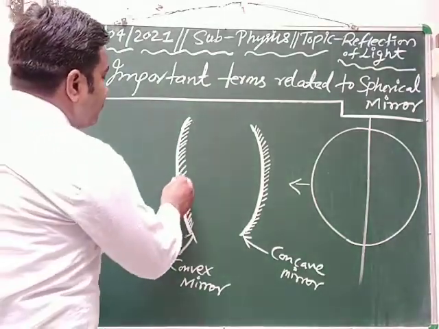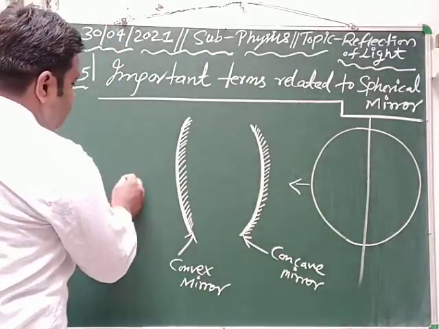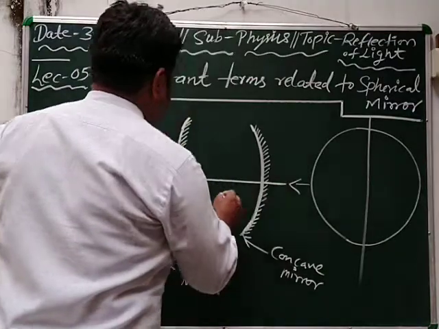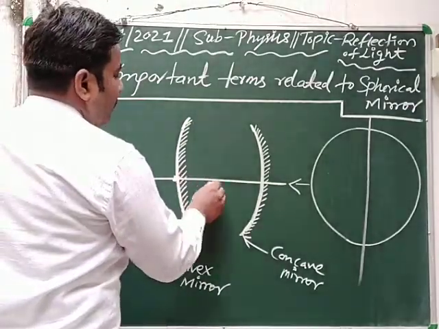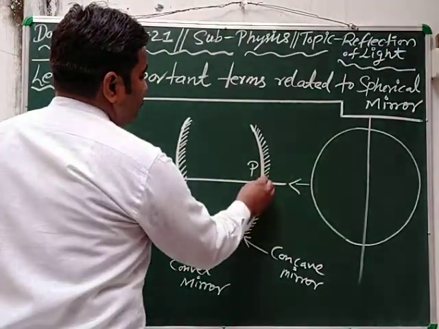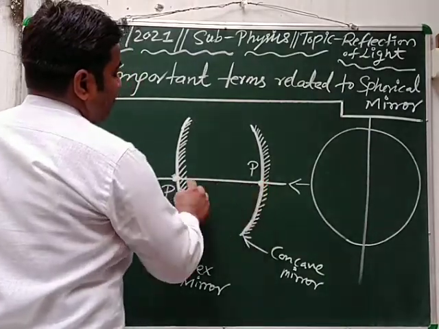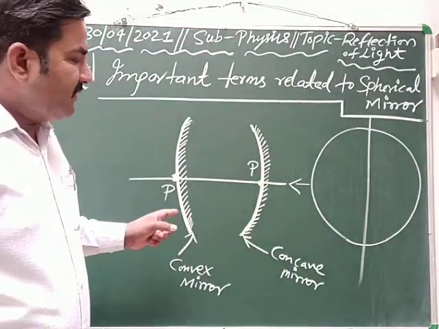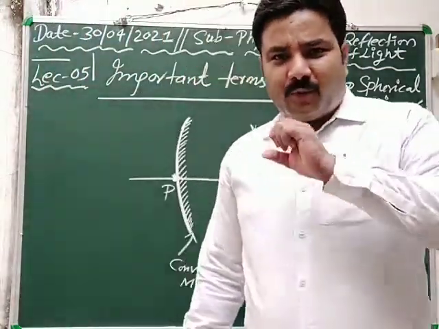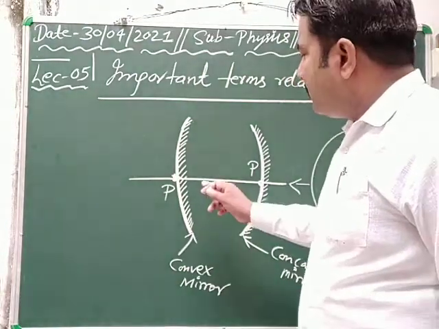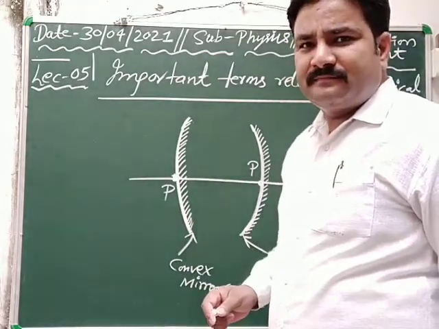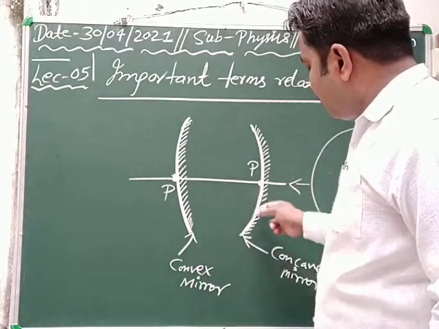Another definition of convex and concave I will explain later, but just see, when we draw a straight line passing through the midpoint of these two mirrors, just like in this way, this one is P, and this is also P. Here P stands for pole, the midpoint of the whole aperture, either for convex mirror or for concave mirror.